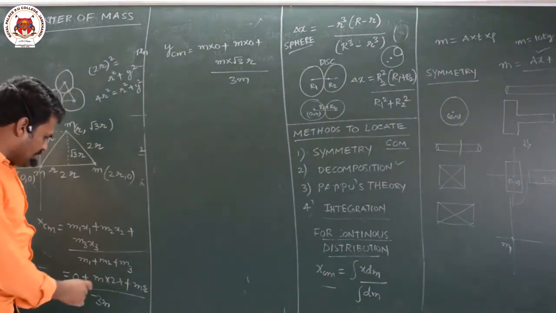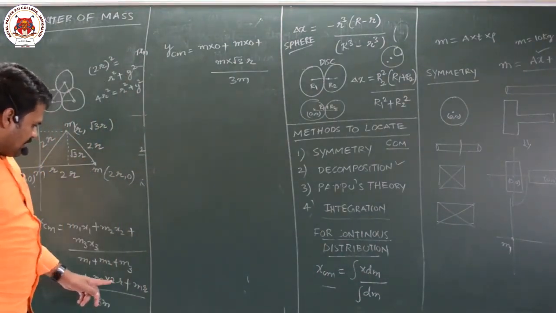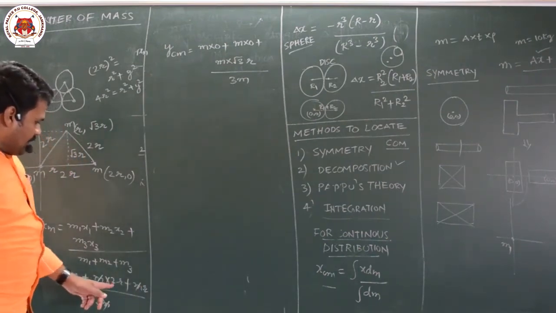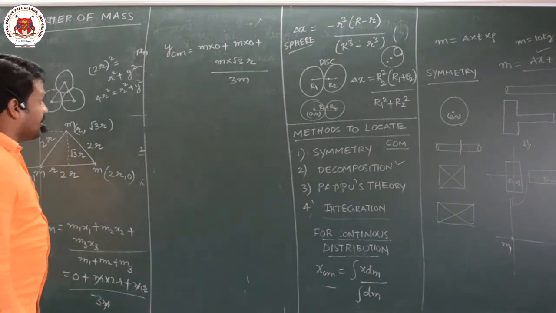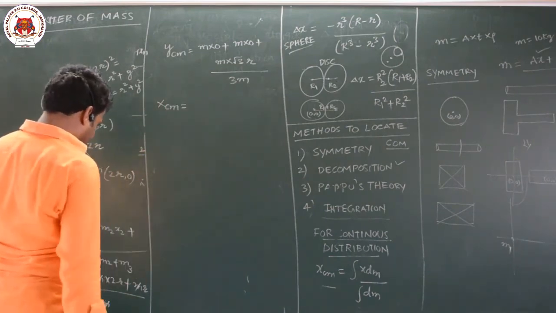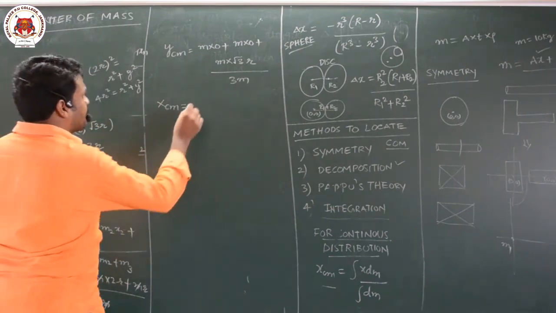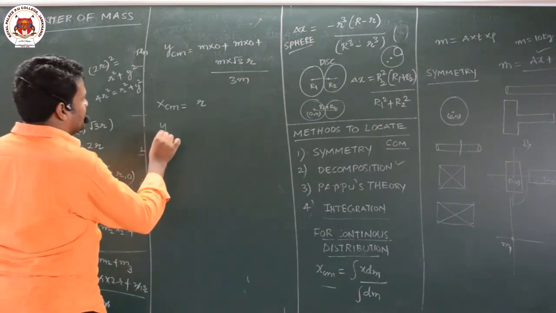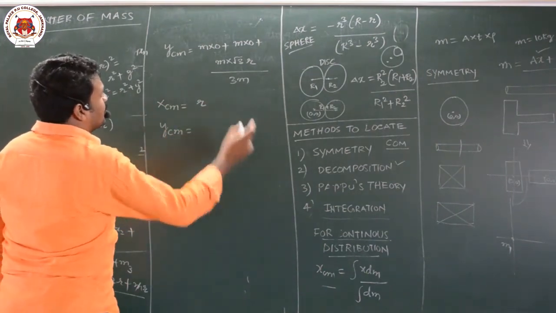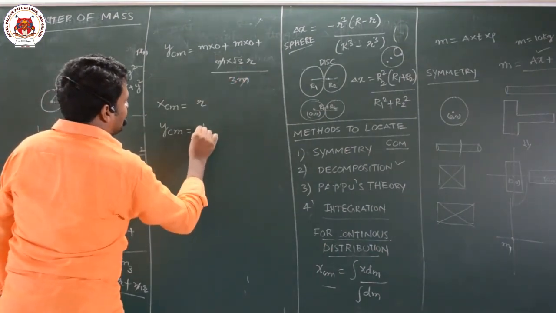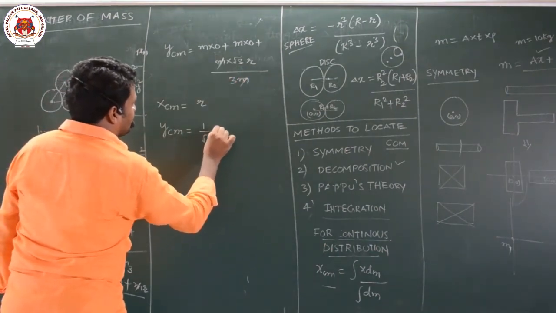This answer you will get as 3r, m will get cancelled: 2r plus r, 3r by 3, so xcm you will get as r. Ycm you will get as root 3 by 3 r, m will get cancelled, and root 3 by 3 is 1 by root 3, so r by root 3.